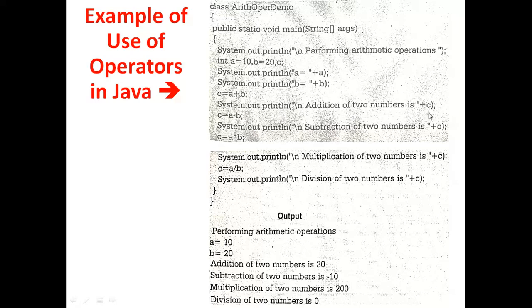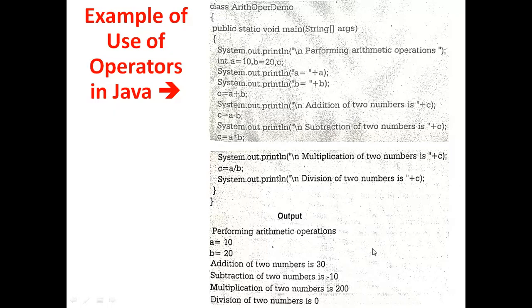The addition of two numbers is shown below. Afterwards I have performed subtraction of a minus b, and the result again is stored into c, and again I am displaying the value of c. And afterwards I have performed multiplication between a and b, and the result is stored into c, and the value of c is displayed on the output console.